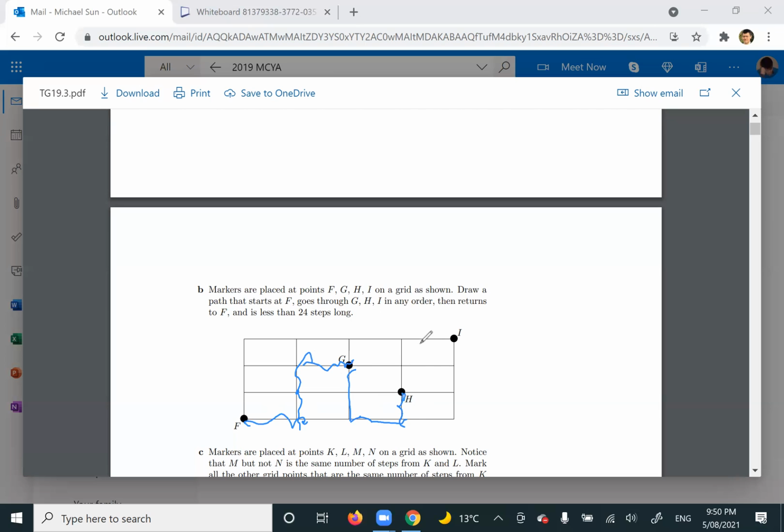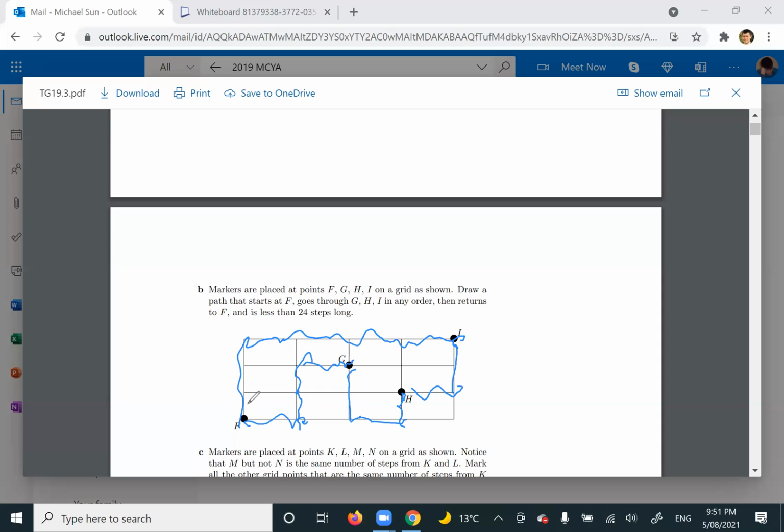Okay, so I see some steps added on there. Wait, I forgot you can cross it. Okay, how many steps is that?